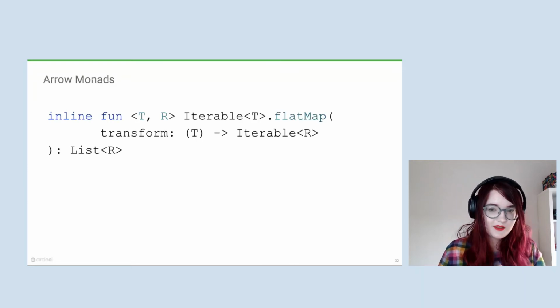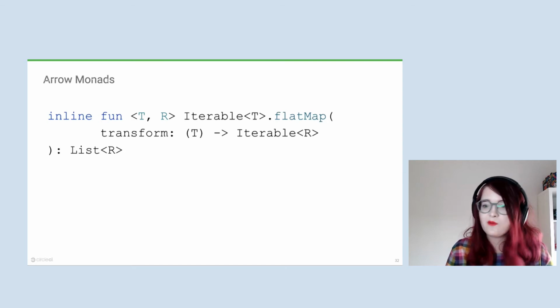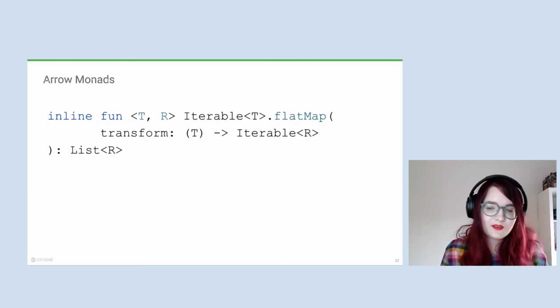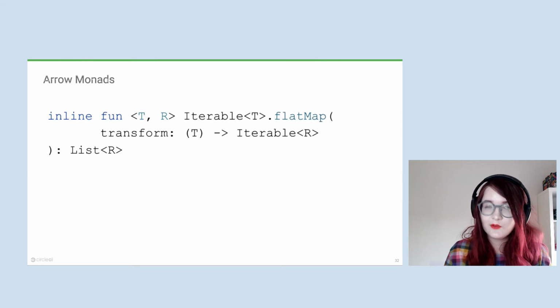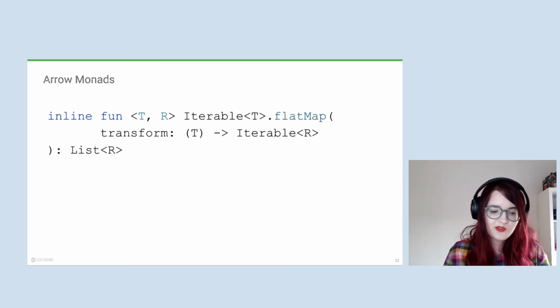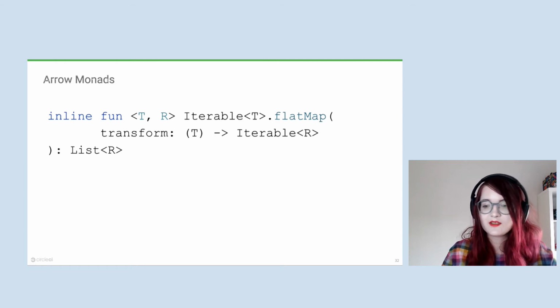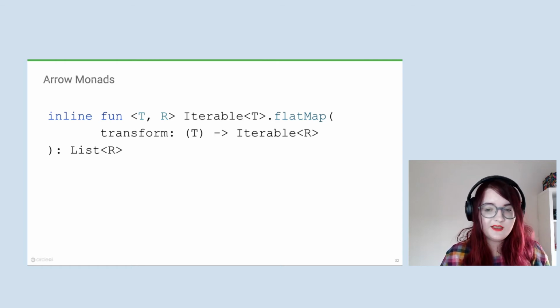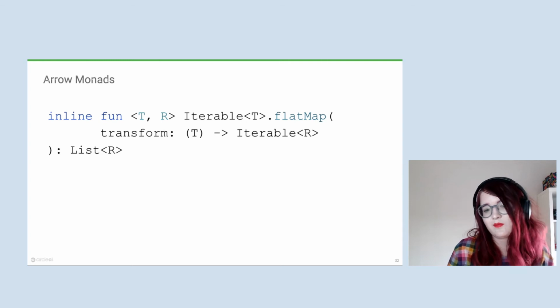So for example, this is a typical flat map for iterable in Kotlin. And as you can see, if you used lists before in Kotlin, you actually used monads. And for flat map, the idea is also the same.